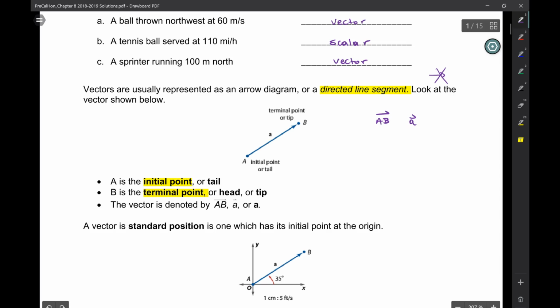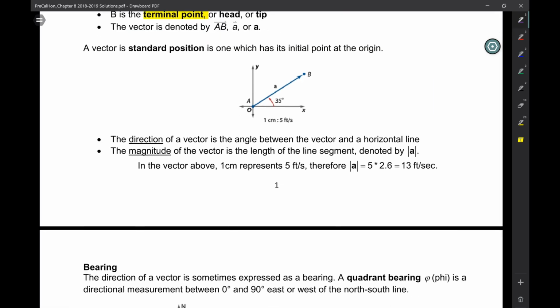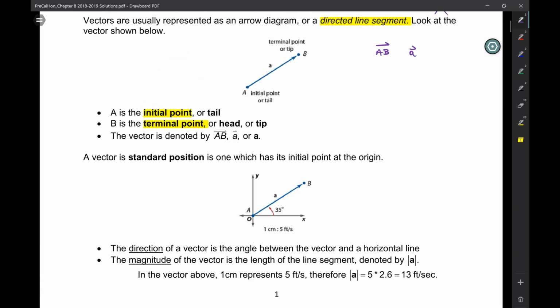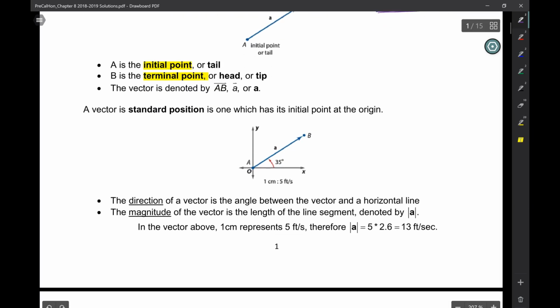In books, most of the time they use this notation, and that's how I usually do it on my tests too, just a boldened lowercase name. All right, so that's how we name them. You can't do that when you're writing by hand. So when I write by hand, it's one of these, but when I print, it's that one. Okay? All right, so let's now put it on the coordinate axes.